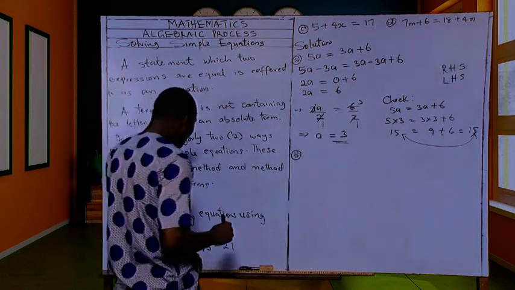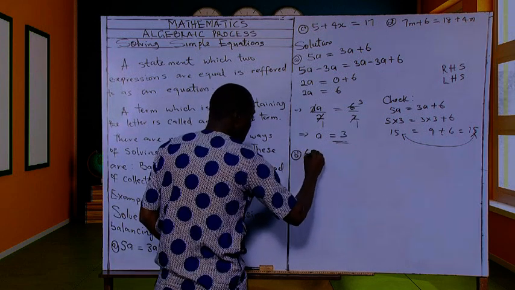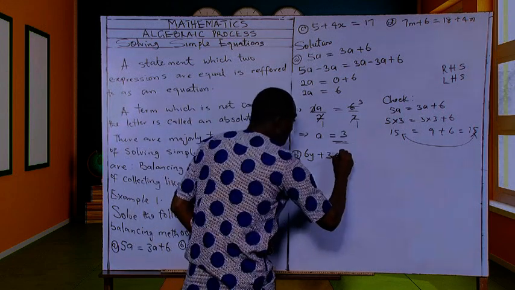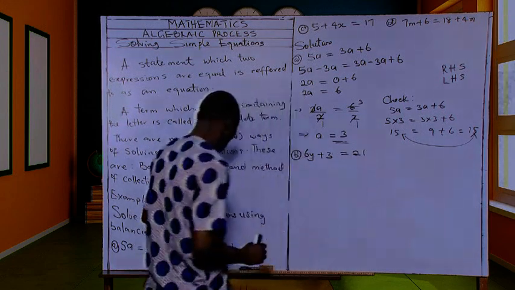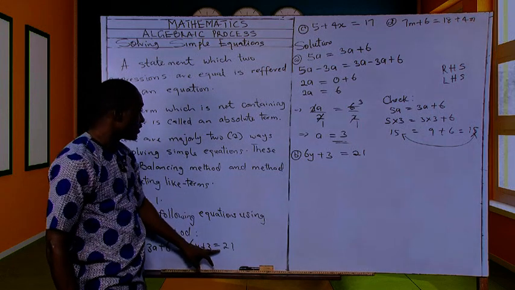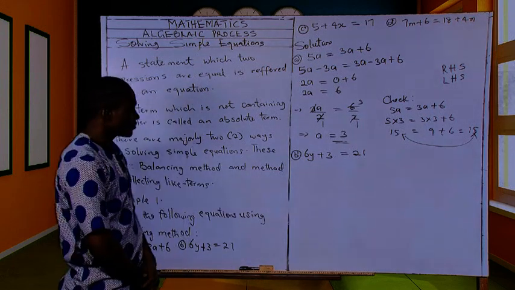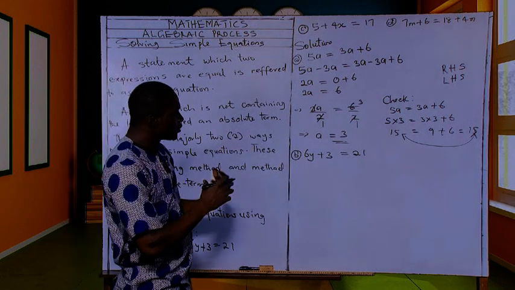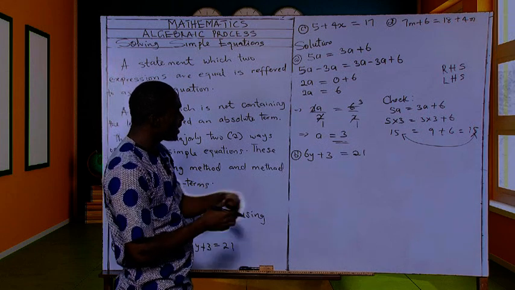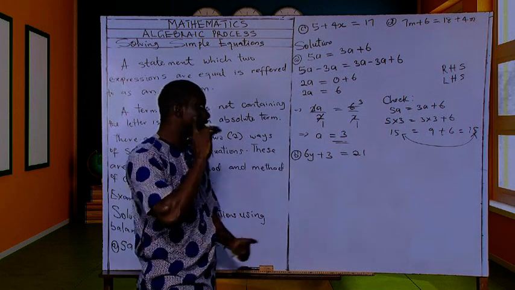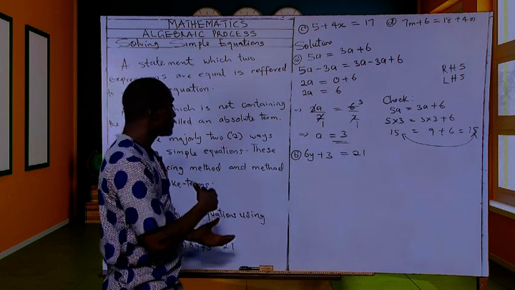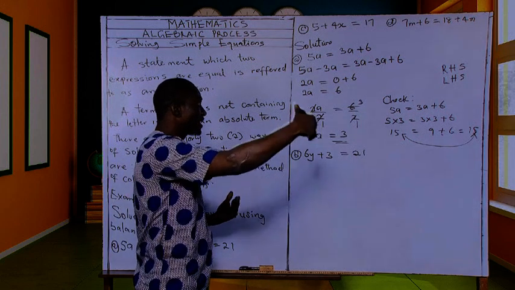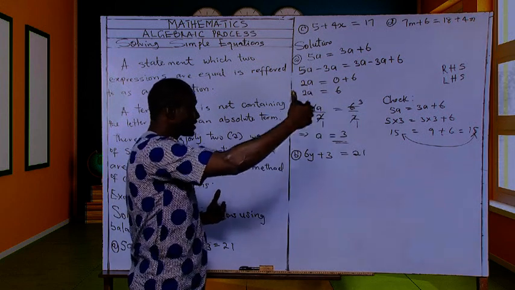B, we have 6y plus 3 equals 21. Now we have the absolute terms, which are 3 and 21. Don't forget what I said at the beginning of this lesson: your absolute terms must be on the RHS, the right hand side.